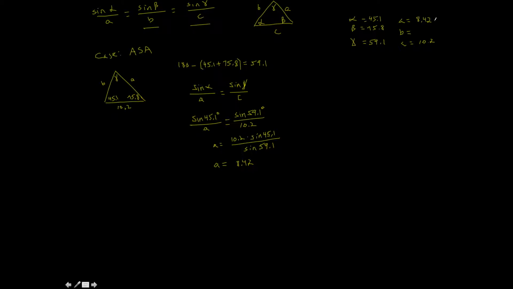Remember, the Pythagorean theorem can only be used with a right triangle. So what we need to do here, we need to use our law of sines again. So I'm going to try to solve for the sine of beta over B equals, and I'm going to do our sine of gamma over C again.